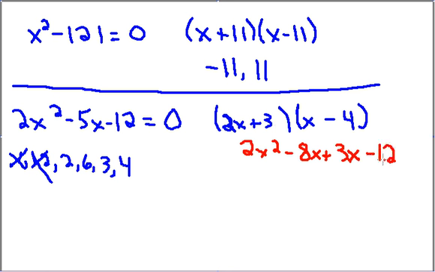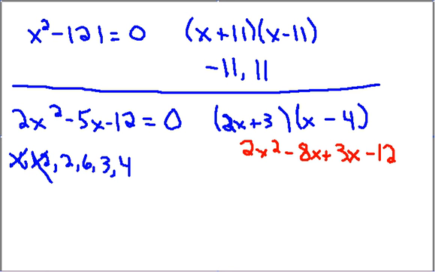And when you combine that together, you can see our 2x squared is what we started with. Our minus 8x and our plus 3x combined together to make minus 5x, which is what we had to start with, and then minus 12 matching this minus 12. 2x plus 3 times x minus 4 is the correct factorization of 2x squared minus 5x minus 12.